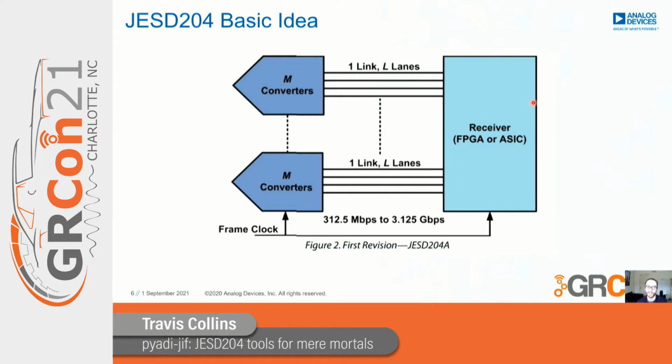Technically, you can have multiple links on a converter, but that is an uncommon use case. The secondary aspect is that each link will have a system reference, or reference clock, SYSREF as we call it, that provides synchronization between those two devices. This is usually provided by a parent clock device.